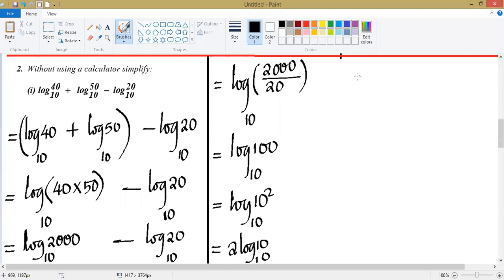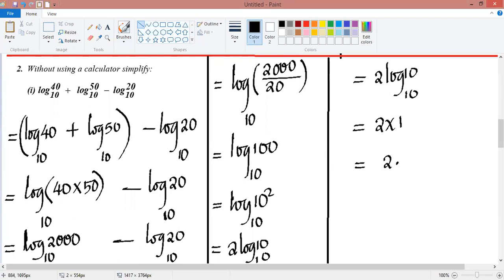But we know that 2 log 10 base 10 is the same as 2 times 1, which can be written as 2. Are we okay, members? Yes, sir.